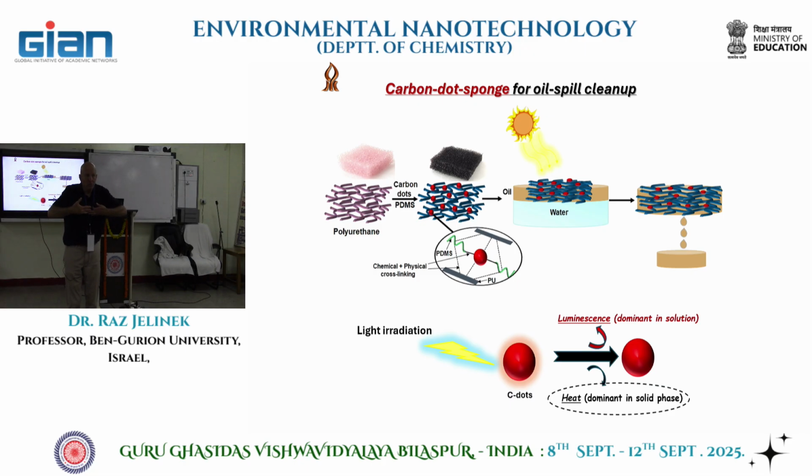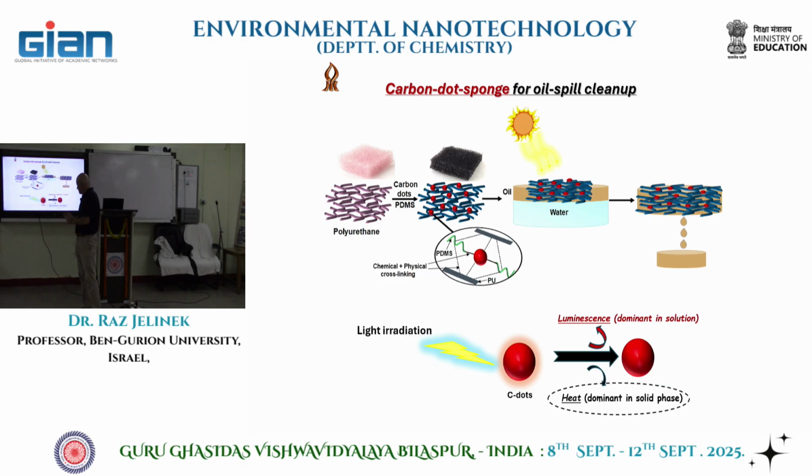The carbon dots release heat to the environment. The oil will be less viscous, and it will go very easily into the sponge. Then we take the sponge, squeeze it like this, and all the oil goes out. And we clean the oil.